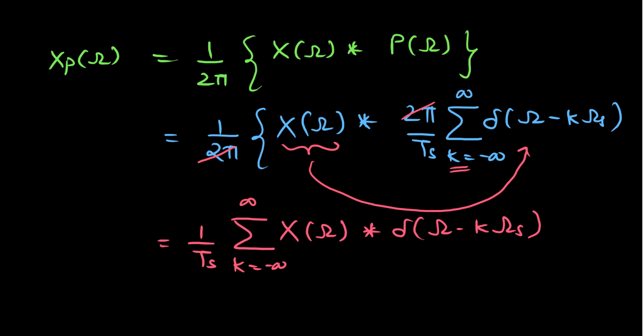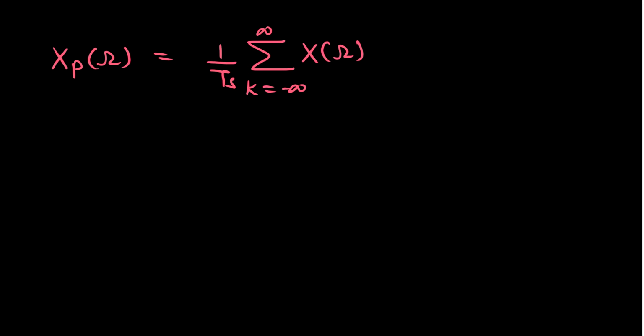s. So what we have is Xp of omega is equal to 1 by Ts summation k running from minus infinity to infinity X of omega convolved with delta of omega minus k times omega s.